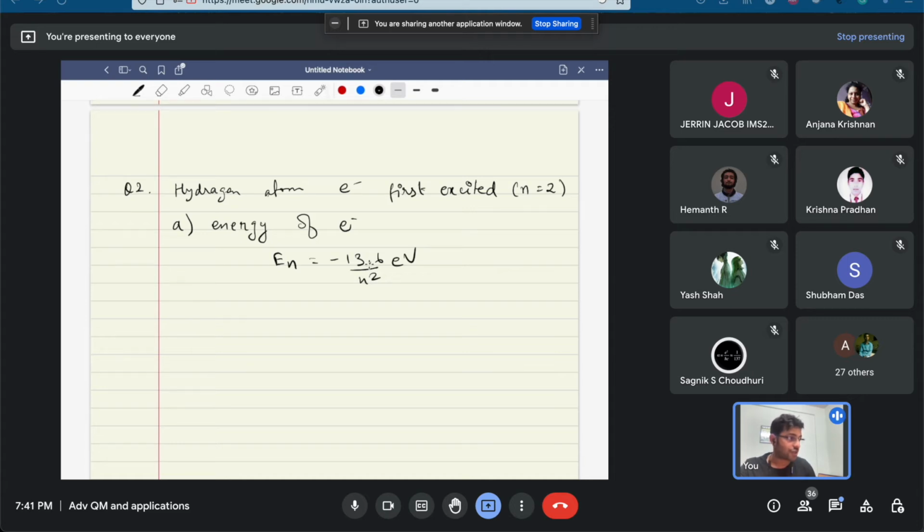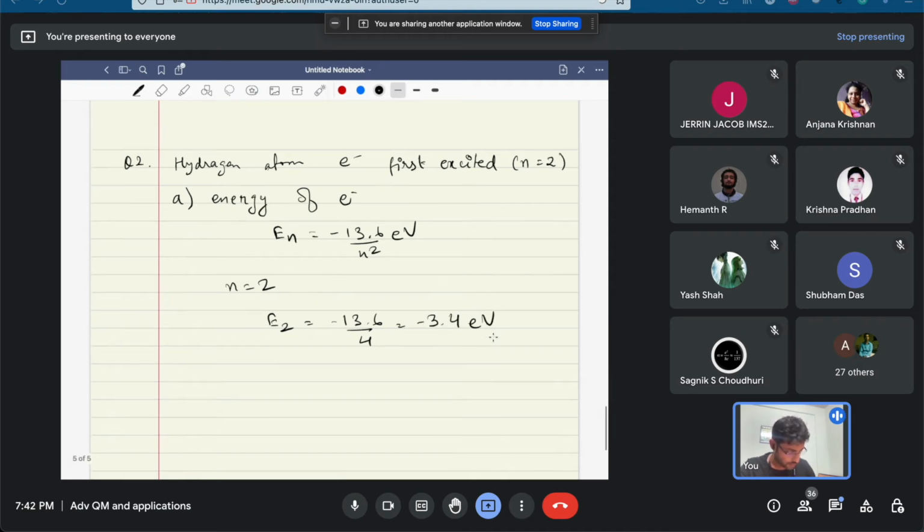To find the energy for the excited state, we put n equal to 2 here. The ground state is n equal to 1, and then we have the excited states at 2, 3, 4. So for n equal to 2, we have minus 13.6 divided by 4, which is minus 3.4 eV. This is pretty straightforward.